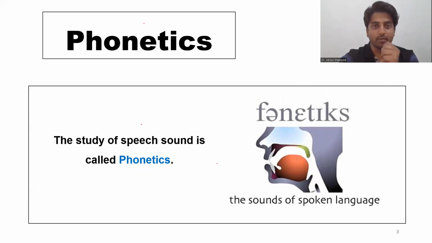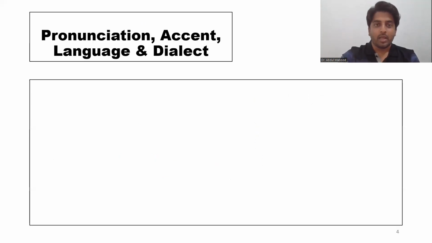That is phonetics. Now, when it comes to phonetics, we have to have very clear knowledge about these four things, and we should know the distinctions between these four things in front of your screen.